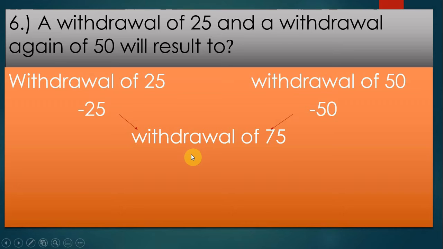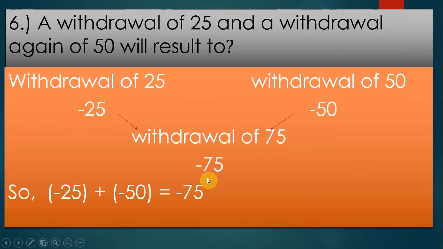And this withdrawal, its symbol is negative. That's negative 75 is the answer. So negative 25 plus negative 50 equals negative 75. These two have the same sign, so the result is negative 75.